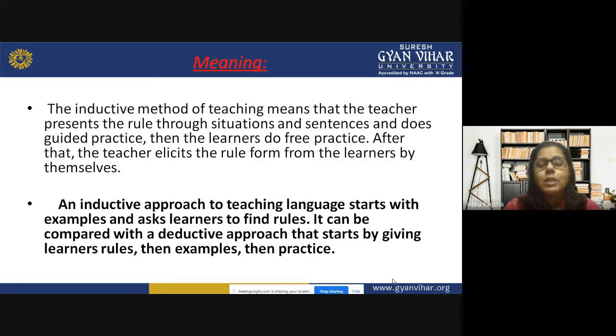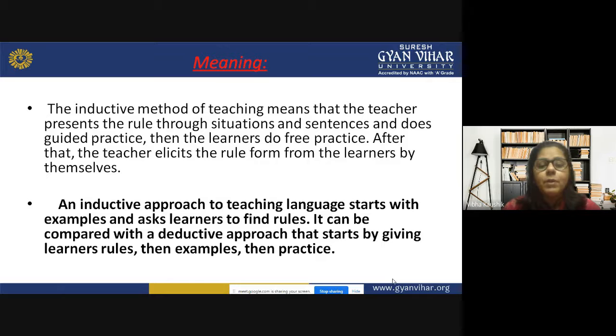It starts with examples and asks learners to find rules, and in that the teacher will first present the students the examples and ask the learners to find the rule on the basis of the examples.